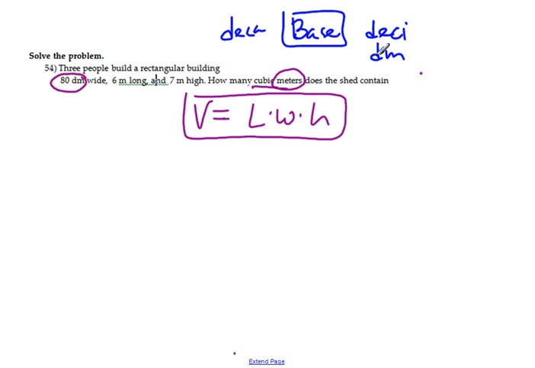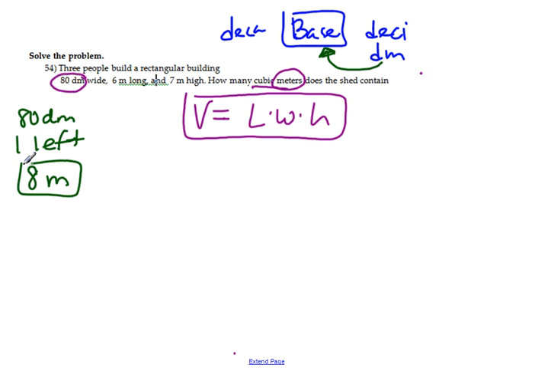So you're going 1 unit to the right if you're going to decimeters, but we are going from here to the base because we're going decimeters to meters. So 80 decimeters is going to go 1 unit to the left, which gives me 8 meters.